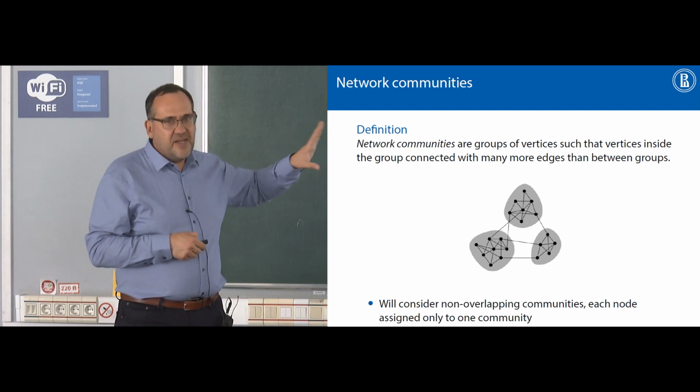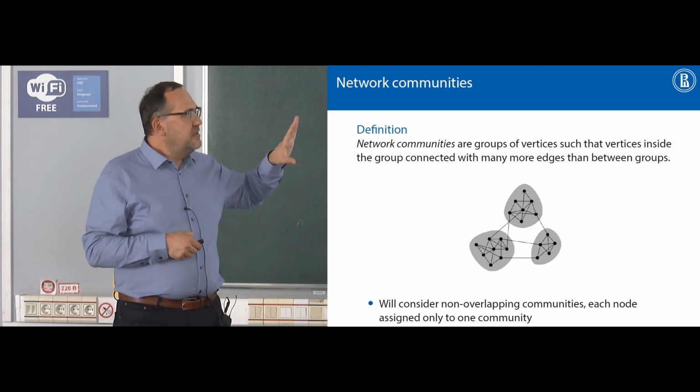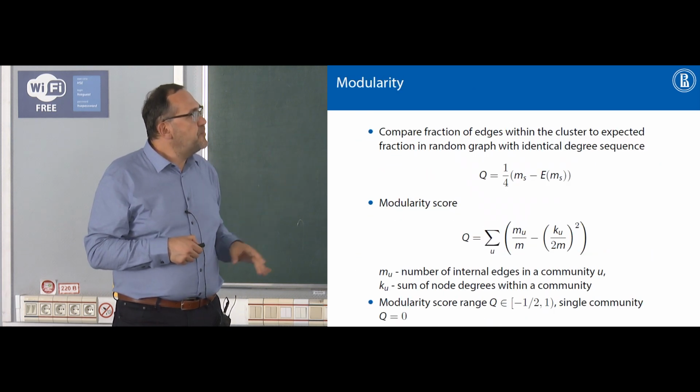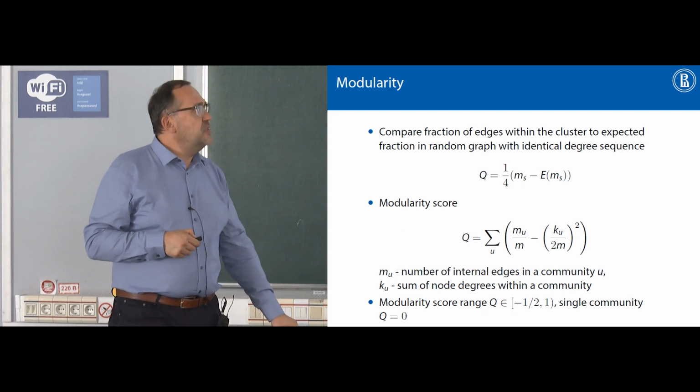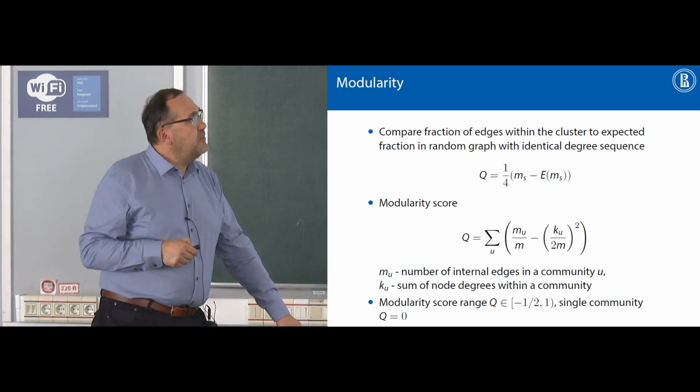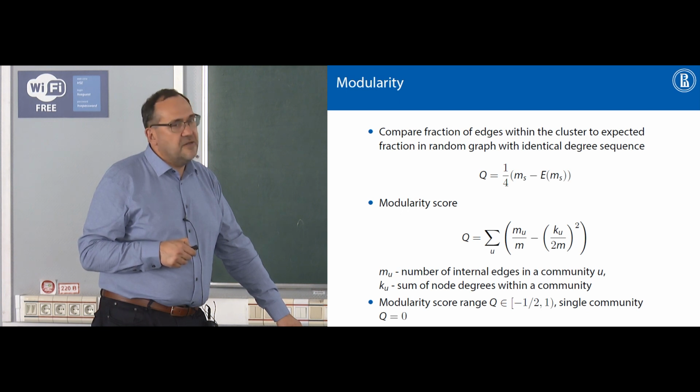You can actually use mathematical properties to see what it would look like. So this formula tells you there is this modularity metric which compares the number of edges within the community versus how many edges would be there if that was a random graph.